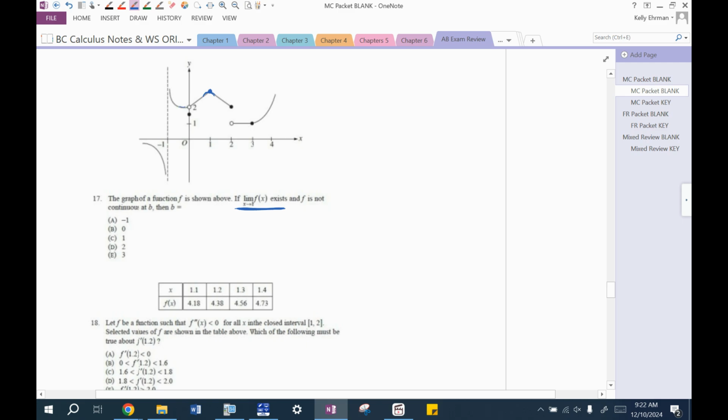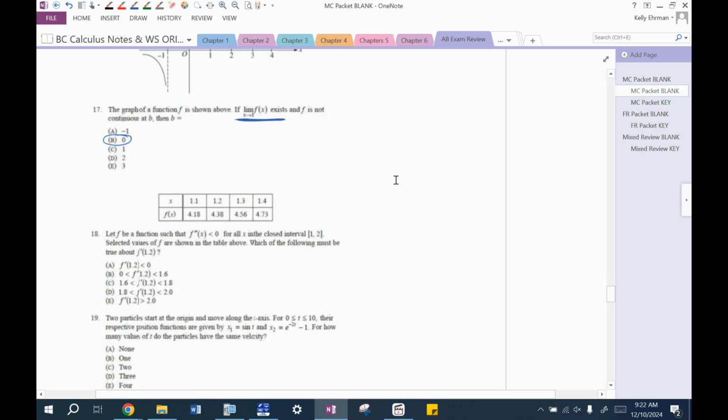But here, the limit exists. The limit is 2, but the graph is not continuous because the actual value jumps down here. So b is 0. Because otherwise, the limit doesn't exist at -1. Limit doesn't exist at 2. Limit does exist at 3, but the graph is continuous. And same for 1.